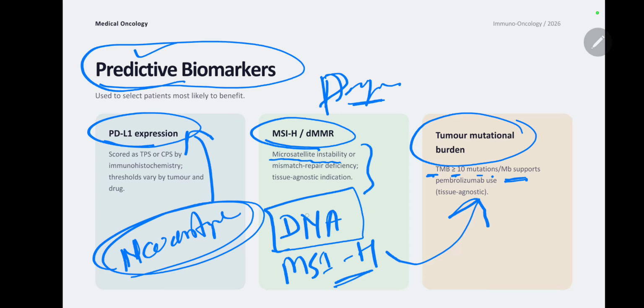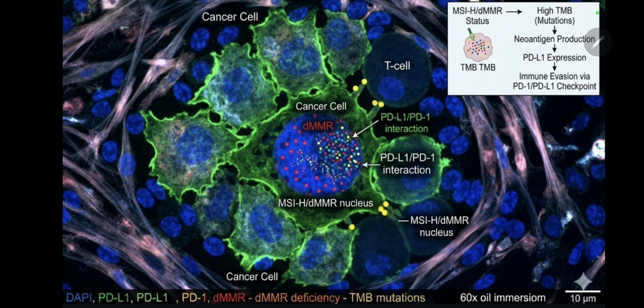And one important point: MSI and tumor mutation burden are tissue agnostic. What is tissue agnostic? It means this type of marker is not dependent upon the tissue biology. If this type of marker is present, then we use immune therapy. That is called a tumor agnostic biomarker.